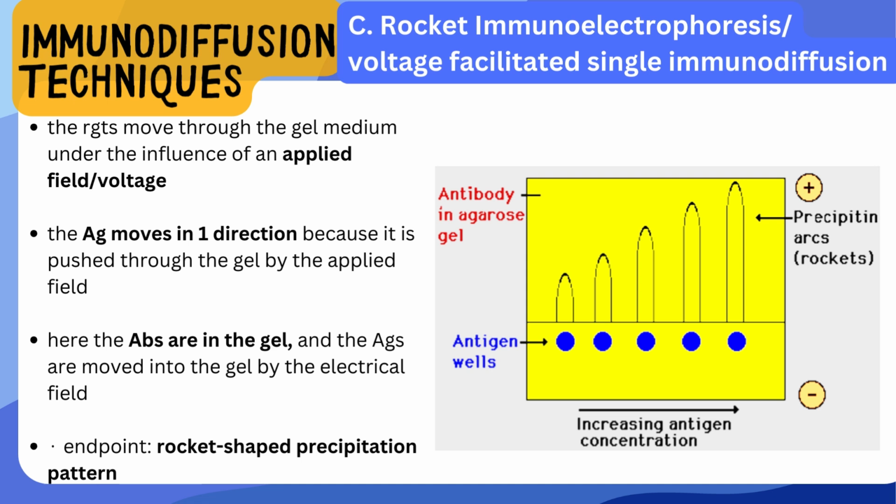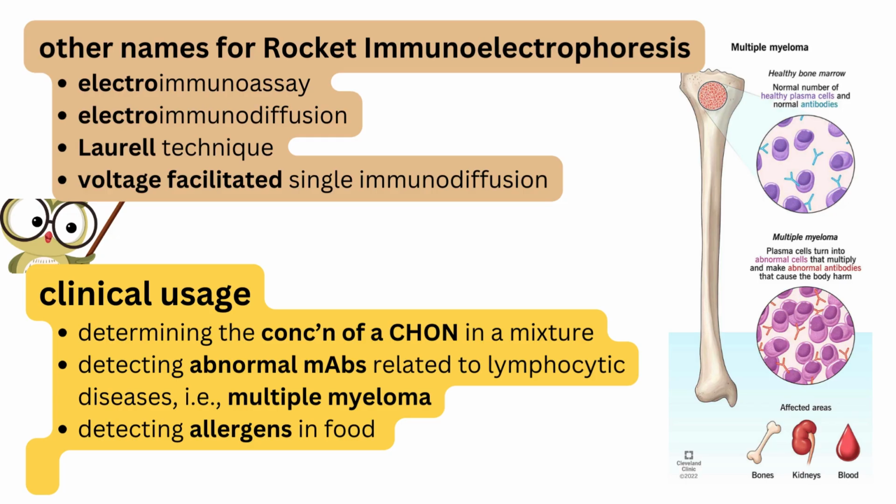The endpoint will be the rocket-shaped precipitation pattern. Hence this is also known as rocket immunoelectrophoresis or voltage facilitated single immunodiffusion, because it's the electrical field that lets the antigens move into the gel. Other names for rocket immunoelectrophoresis, so many names, guys: electroimmunoassay, electroimmunodiffusion, Laurell technique, voltage facilitated single immunodiffusion.